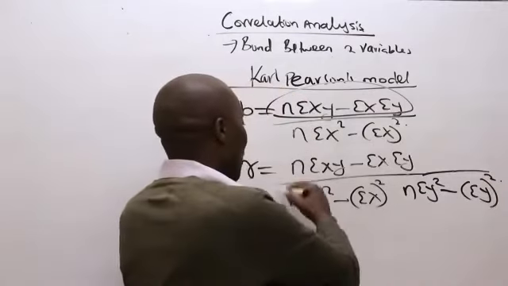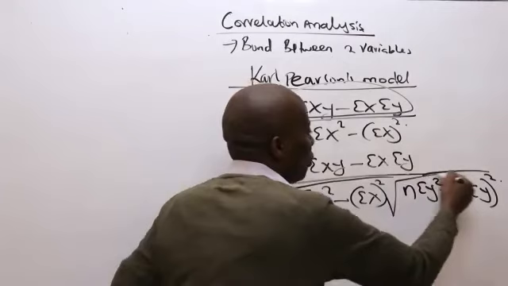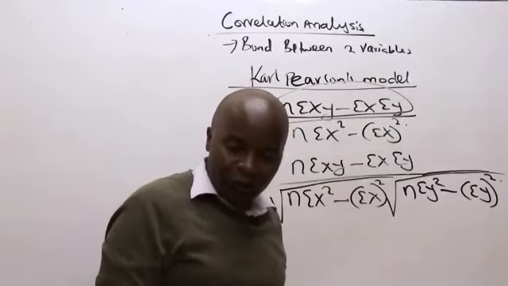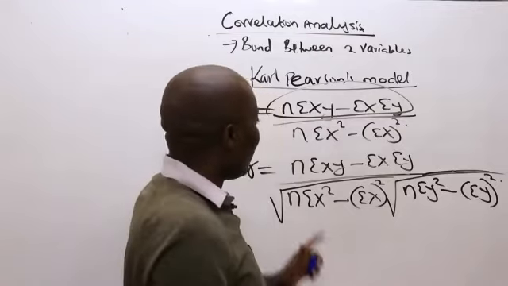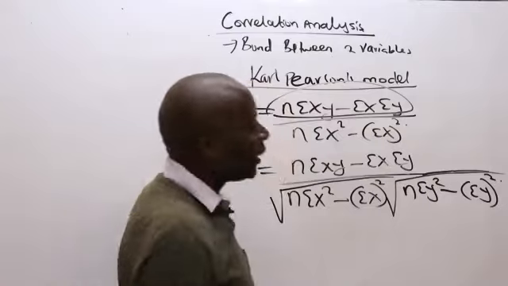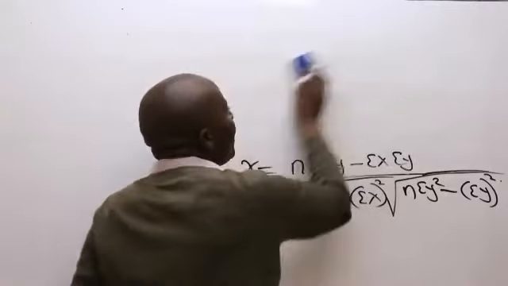If you wish, you can have one big square root or have two square roots like that. So that is my formula for getting my correlation coefficient R, of which I would want us to look at an example straight away.